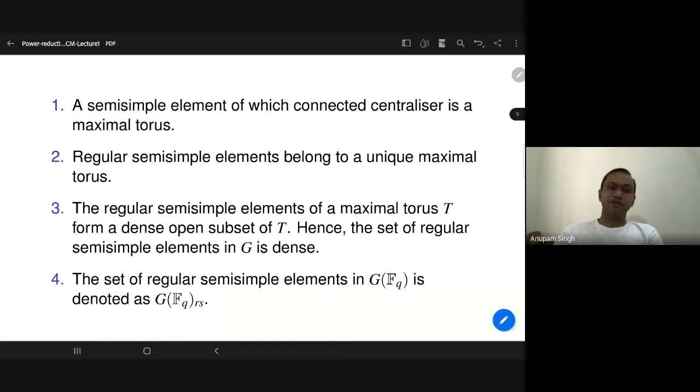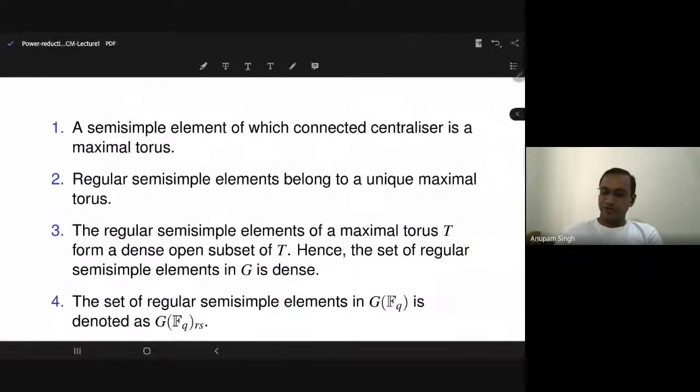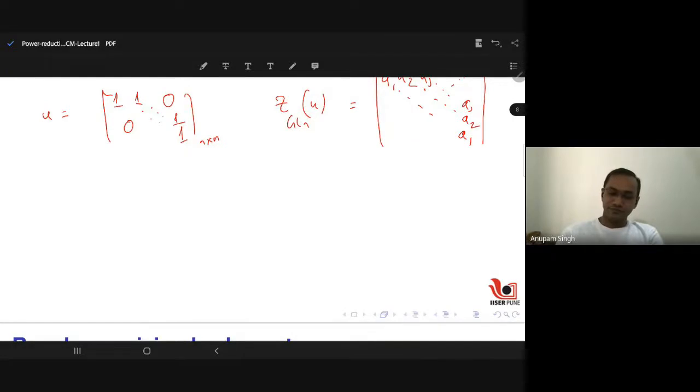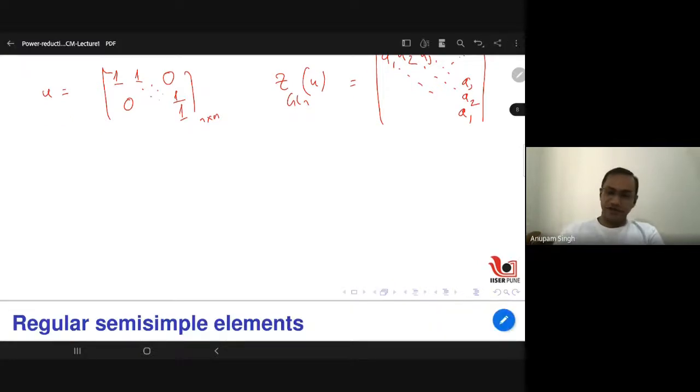Because regular semi-simple elements belong to a unique maximal torus. So if I understand maximal tori, then a regular semi-simple element is in exactly one of the maximal tori. It cannot appear in more than one. Anyway, we'll do it later in the tutorial.